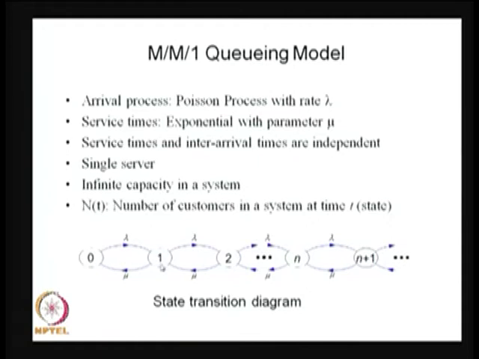Therefore, this is going to form a birth-death process. The reason this CTMC is a birth-death process is that the arrival process follows a Poisson process, so whatever assumptions we have for the Poisson process are satisfied.